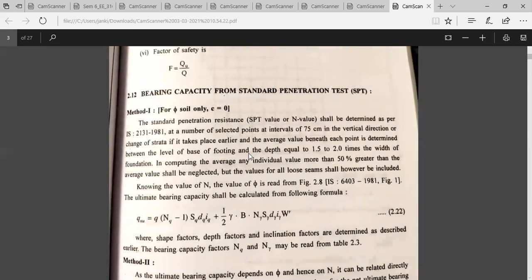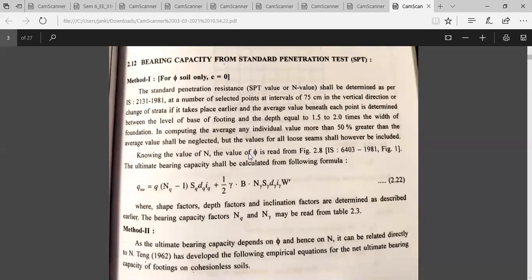Next is bearing capacity from the standard penetration test, SPT, right? The first method is for phi soil only, where cohesion C is taken as equal to 0. The SPT value shall be determined as per IS 1981 at a number of selected points at intervals of 75 centimeters in the vertical direction, or at a change of strata if it takes place earlier, and the average value beneath each point is determined.